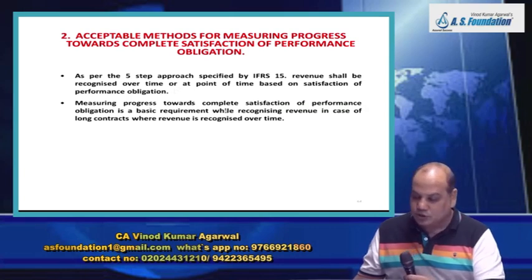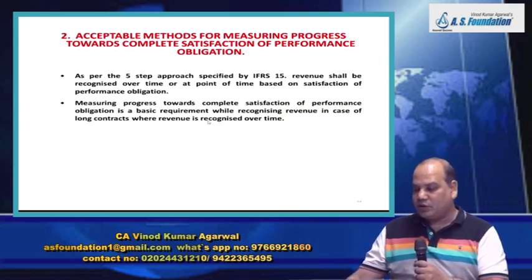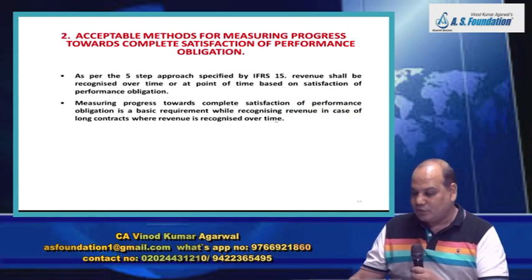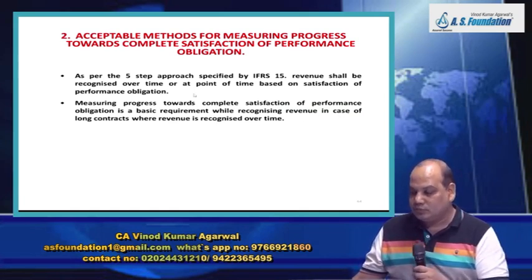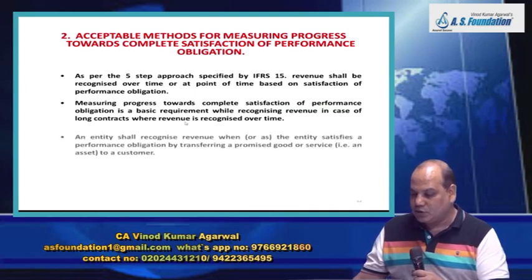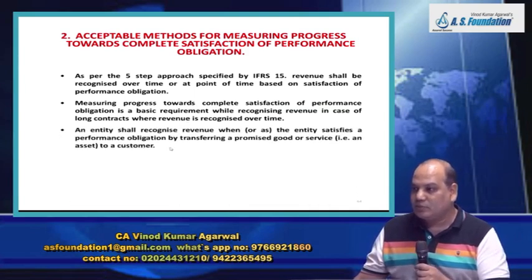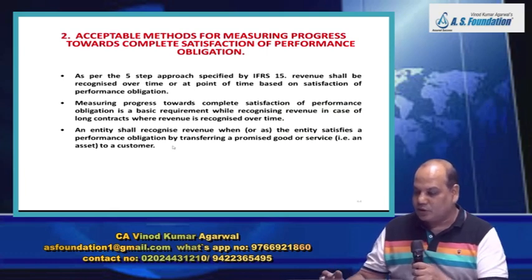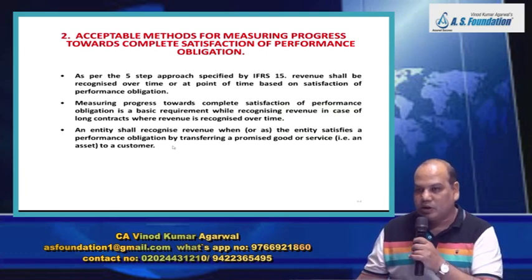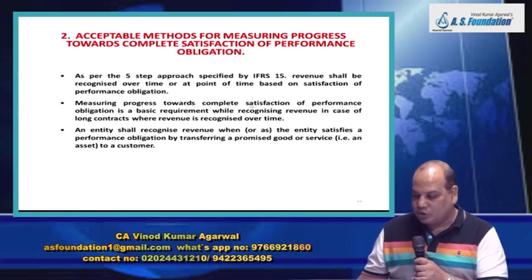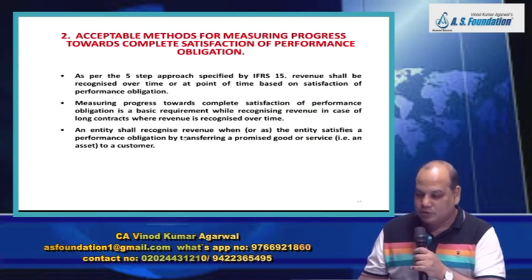Measuring progress towards complete satisfaction of the performance obligation is a basic requirement while recognizing revenue in case of a long-term contract. This percentage completion is very, very important in case of a long-term construction contract, where the work may spread over multiple accounting years. Because a wrong calculation of the progress will result in wrong recognition of revenue.